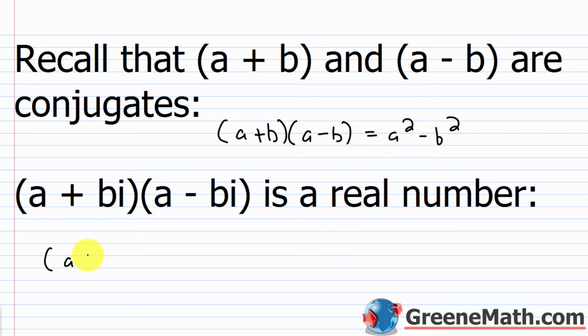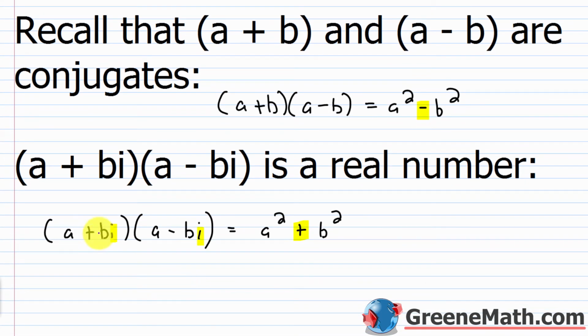With this, a plus bi multiplied by a minus bi, you're going to end up with a squared plus b squared. This is a big source of confusion. Here the sign is negative, here it's positive. Why do you think that is? It's because of this i times i, which is i squared, which is a negative 1, which changes the sign.